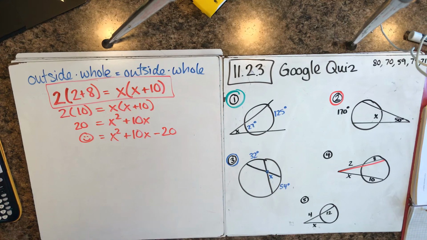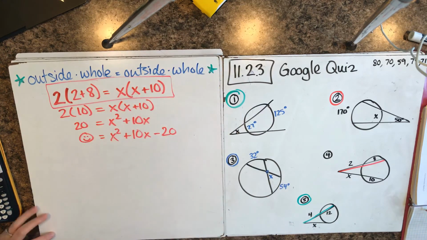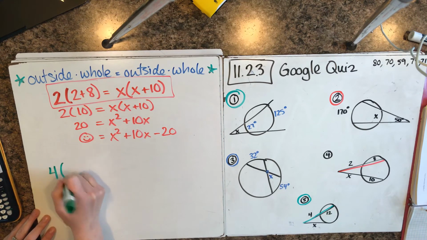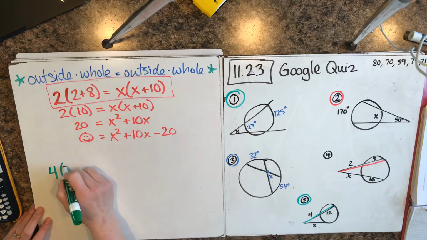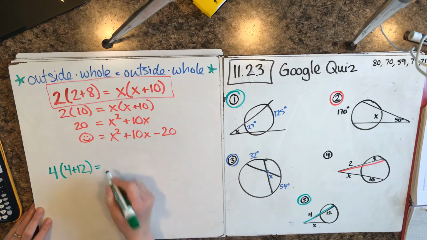Next part, number 5, same thing. Remember, here we're talking about line segments again. We're not talking about angles, okay? So there's my line segment. I'm still using this formula, outside times whole equals outside times whole. Outside of that green one is 4. What's the whole thing? It's 4 plus 12, equals, what's outside of this one, x.